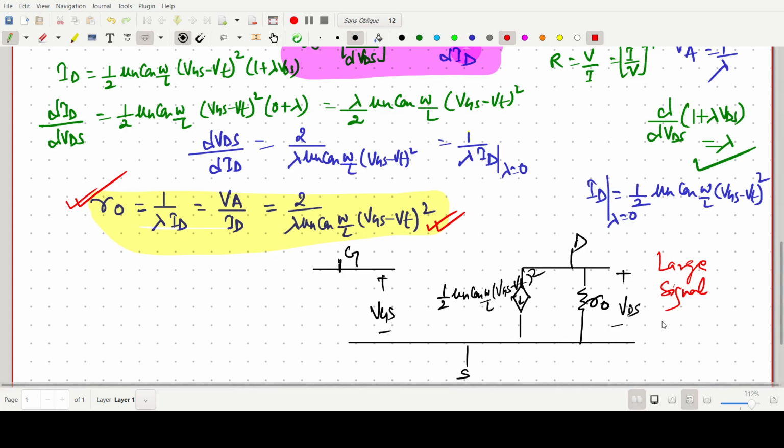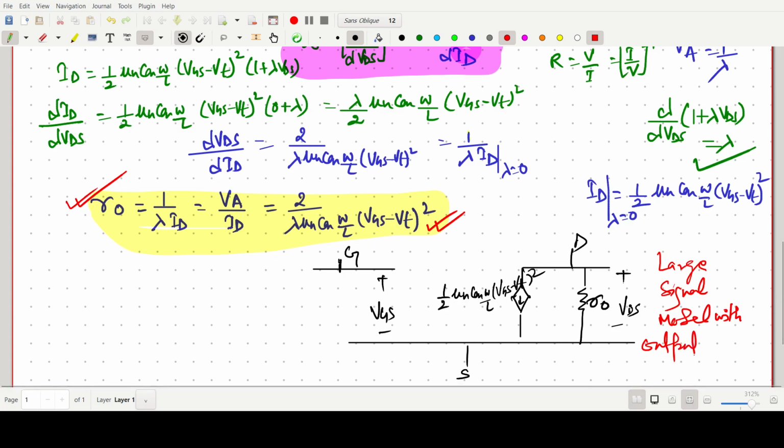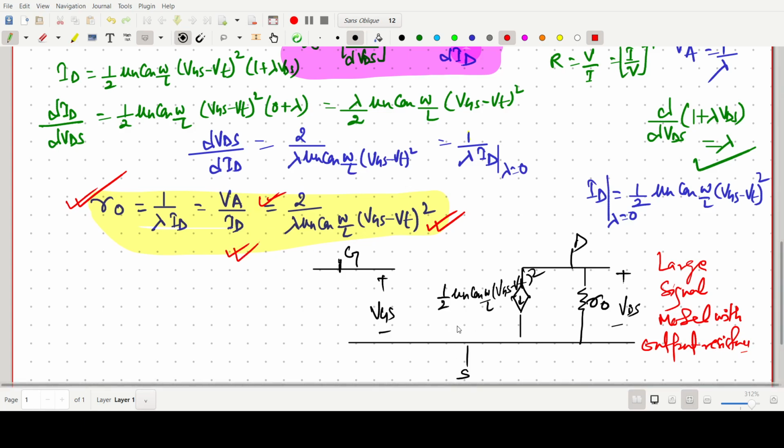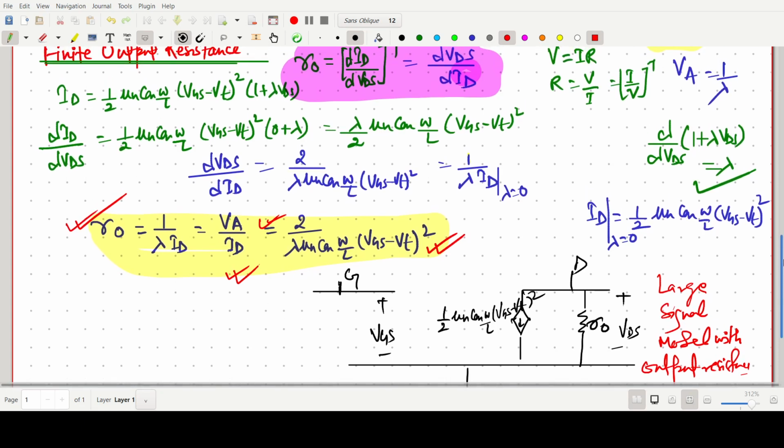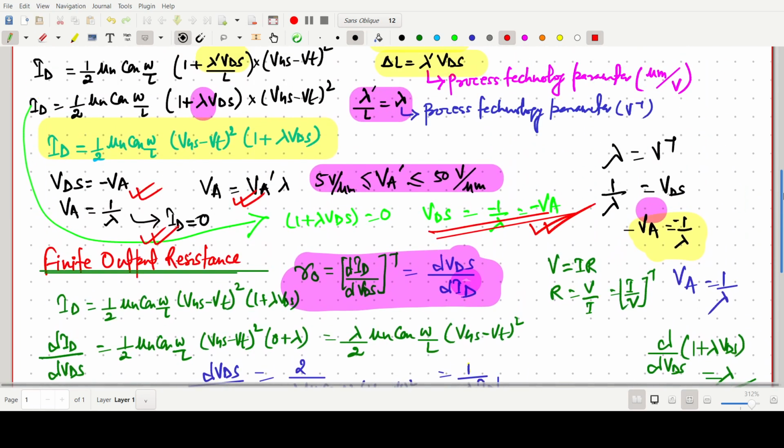So basically this is the large signal model with output resistance. This one is also important. In the next video I will try to make a numerical from the Microelectronic Circuits book by Smith.